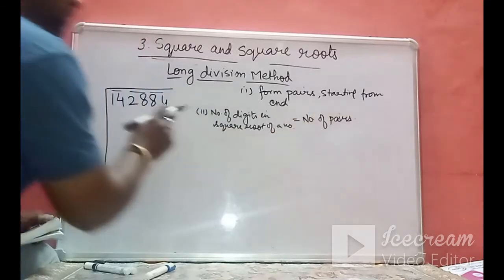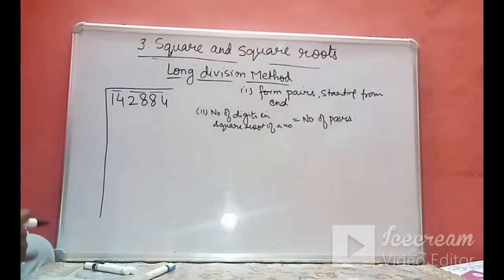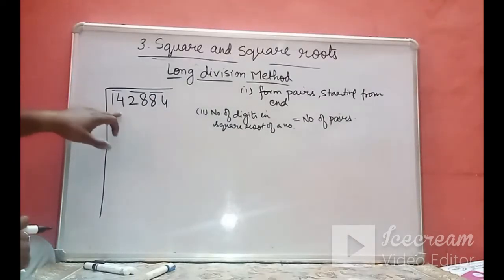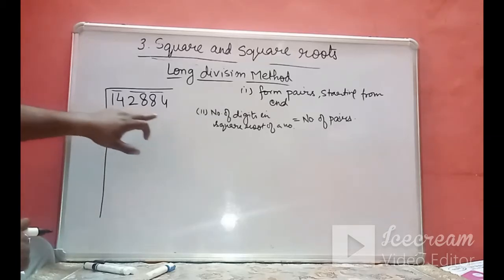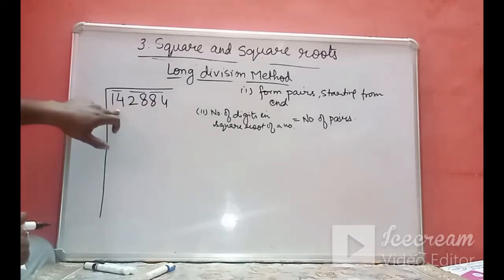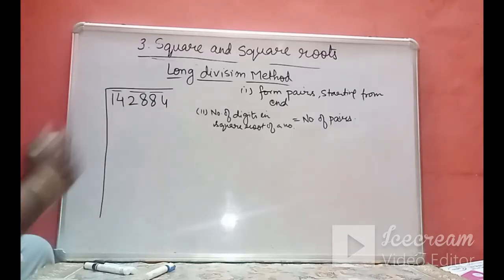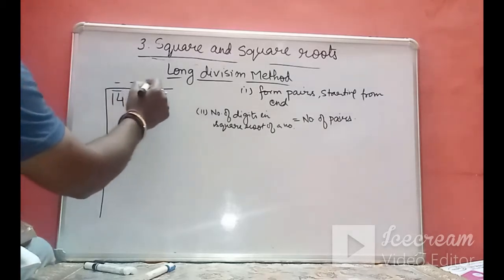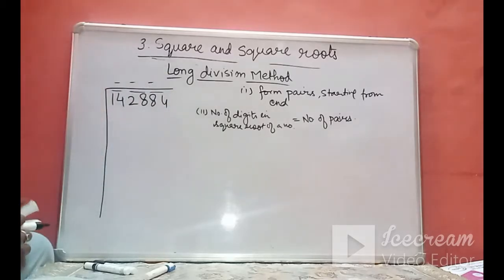So before starting we know that its square root consists of three digits. Since three pairs are there, its square root consists of 3 digits, and we have to find these 3 digits.